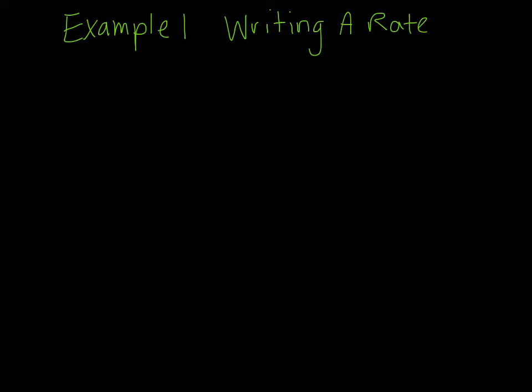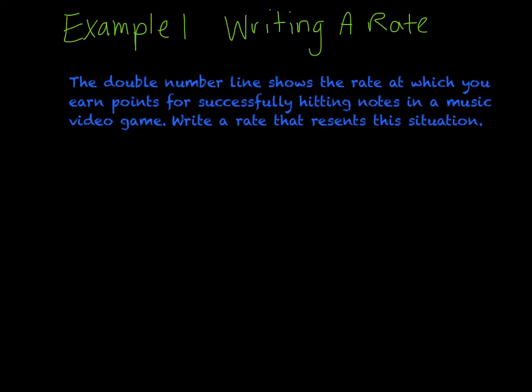Example 1 is writing a rate. So the example they give you is they say the double number line shows the rate at which you earn points for successfully hitting notes in a music video game. Write a rate that represents this situation.